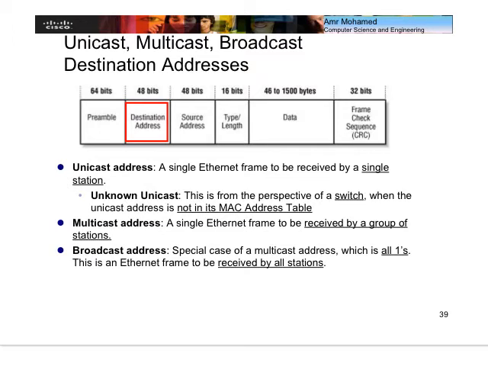But multicast here refers to an address that represents multiple devices or multiple nodes connected to that multicast group. So multicast talks about a group of people.